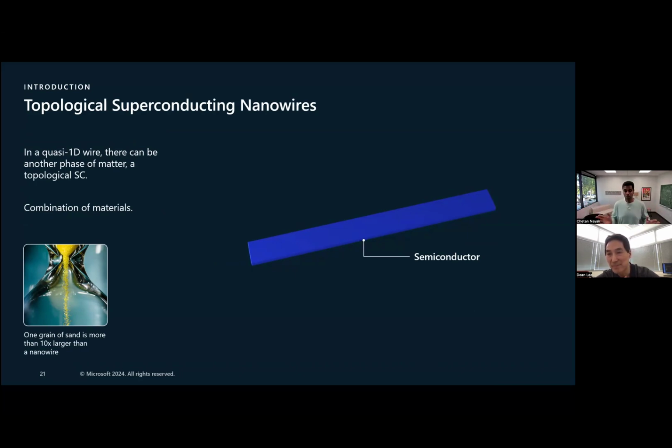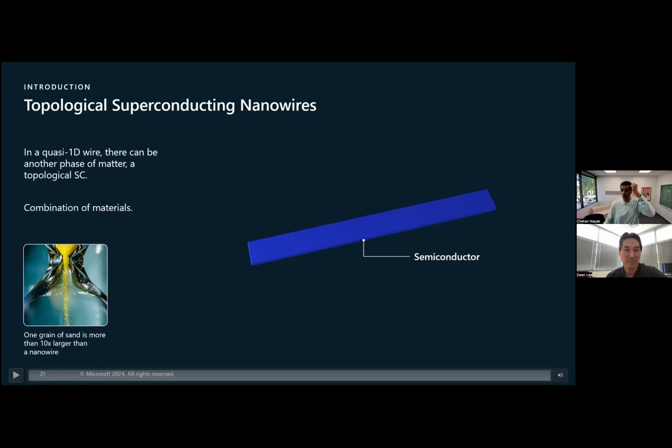What I mean by a quasi-one-dimensional wire is a wire that's much longer than its lateral dimensions, its thickness and its width. So we'll be talking about wires that are a few microns long, and the thickness and width are maybe 10 to 100 nanometers. So it's tens of nanometers in those directions and a few microns long in this direction.